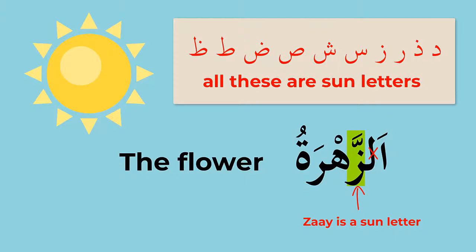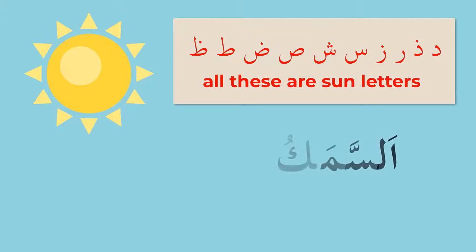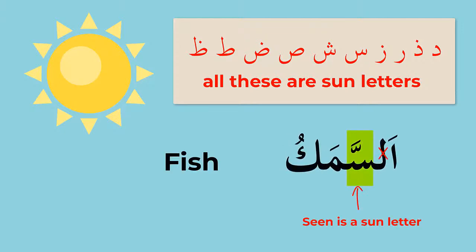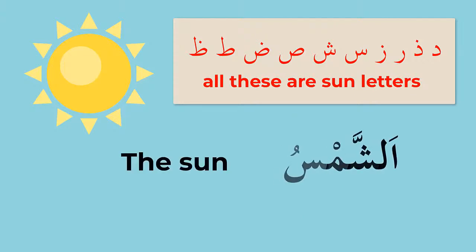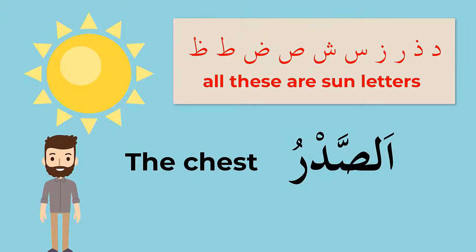Az-zahratu. Okay. As-samaku. Fish. And then ash-shamsu. No lam. Hamza is pronounced. But if waw came in front of this, you will say wash-shamsu. Even alif and lam both were assimilated. And then, brother, as-sadru, the chest.